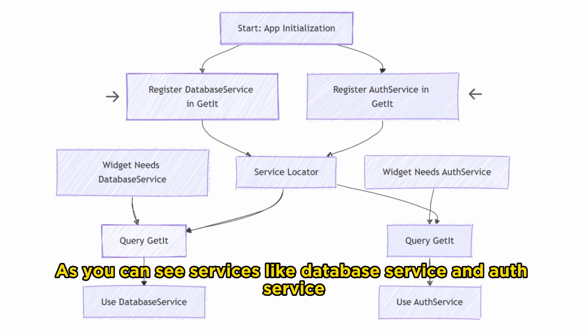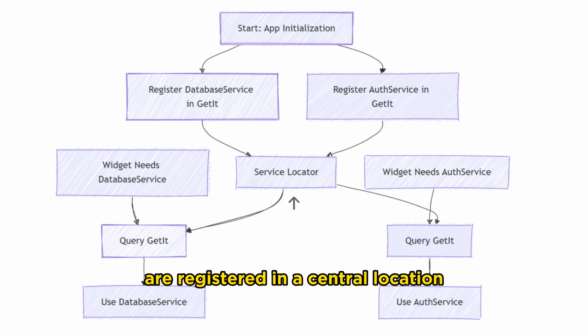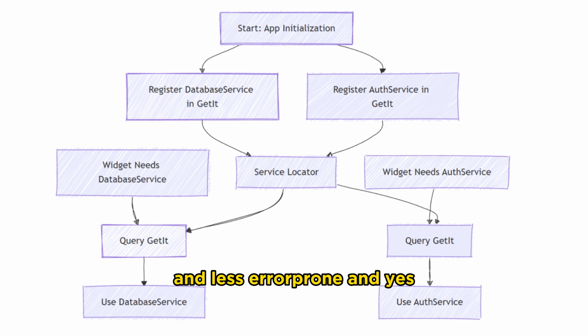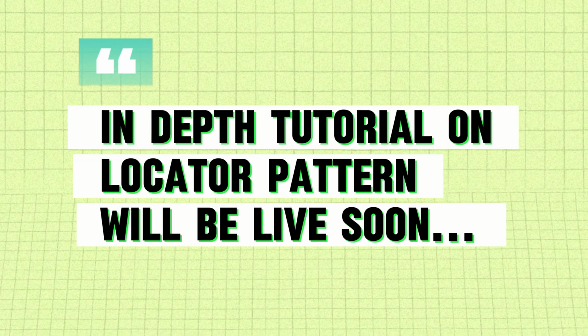As you can see, services like database service and auth service are registered in a central location. Whenever any widget needs a service, it queries the locator to retrieve it. This makes the code more maintainable and less error prone. And yes, we will have an in-depth tutorial on the locator pattern in our upcoming system design playlist. So stay tuned for that.